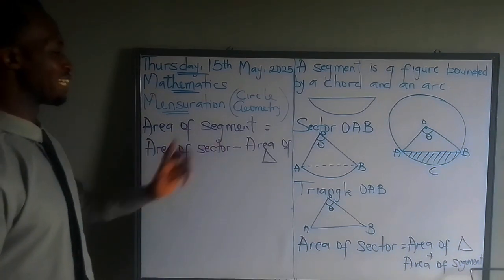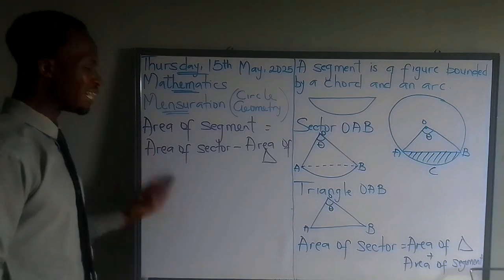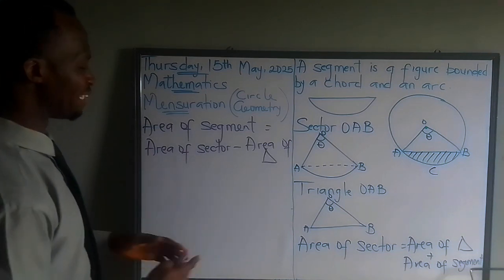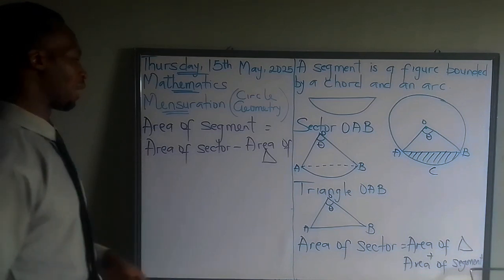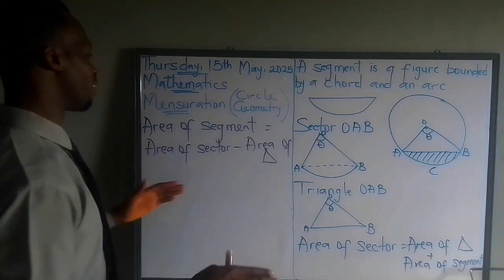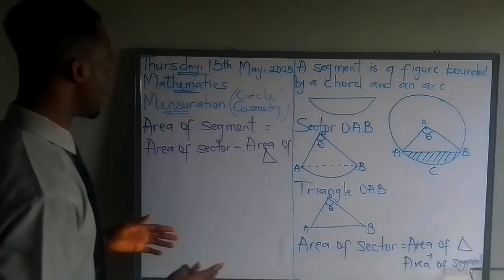So area of segment is equal to the area of the sector minus the area of the triangle. That's how to derive the formula for the area of segment.